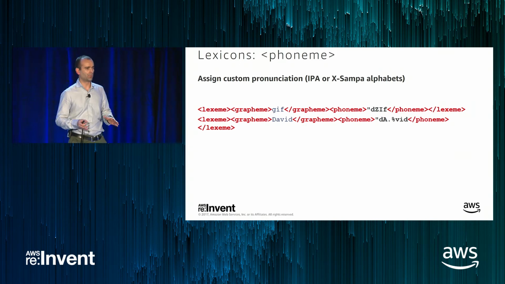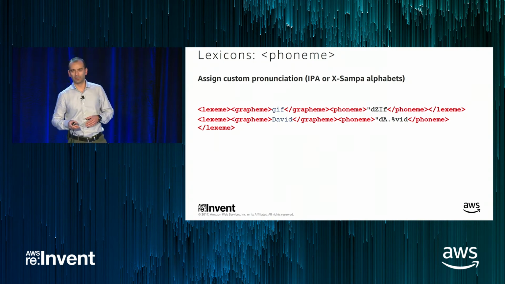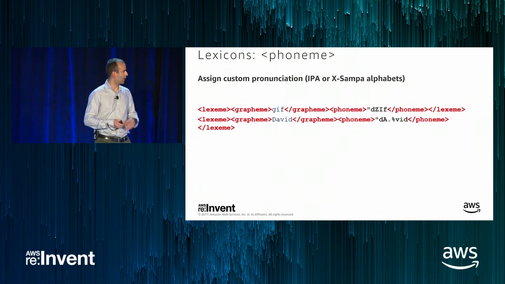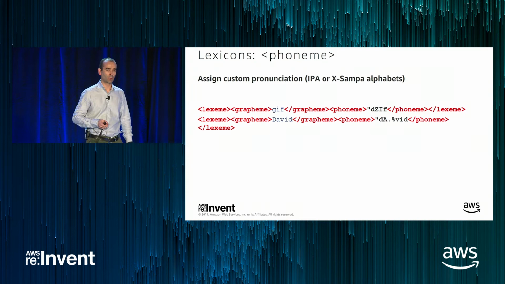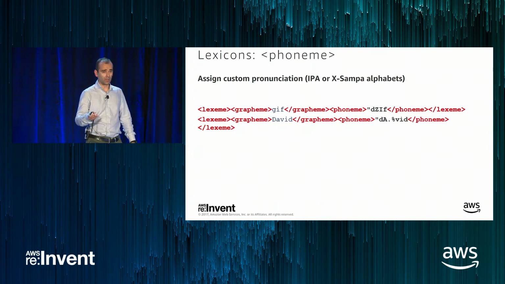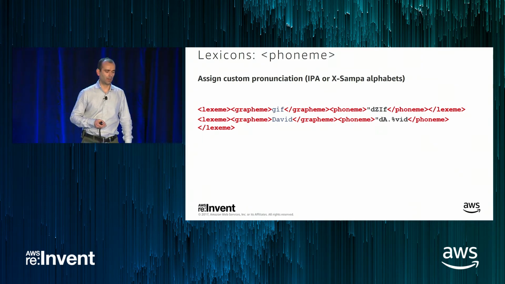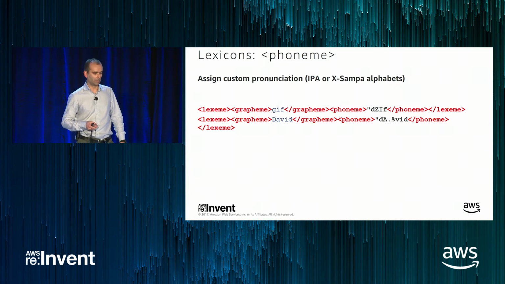There are many resources on the internet that can give you really good hints of how to transcribe, or give you the actual transcription of most English words, and not only English words. Polly supports both IPA, the International Phonetic Alphabet, and X-SAMPA. So there are two standards. This right here is X-SAMPA.